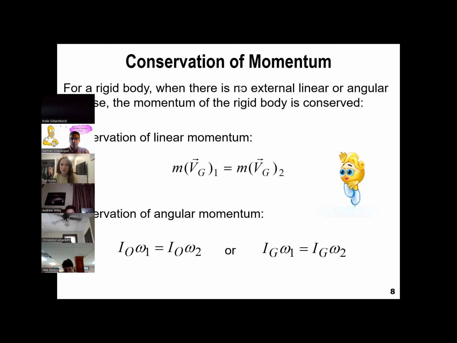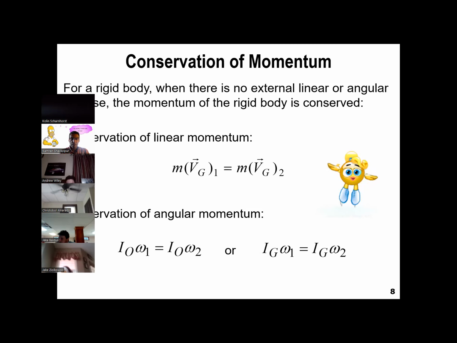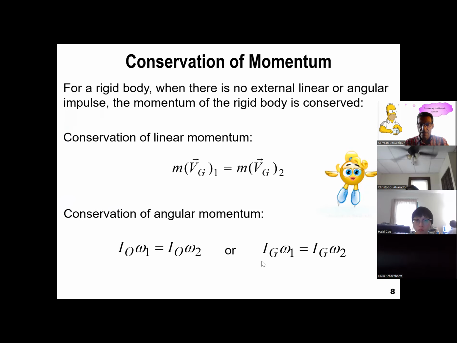Same thing goes with the figure skaters. You see, they can change their body position. There's no moment applied to their body. But you see here, if you change the I_G, omega has to change accordingly, so the entire thing is the same.